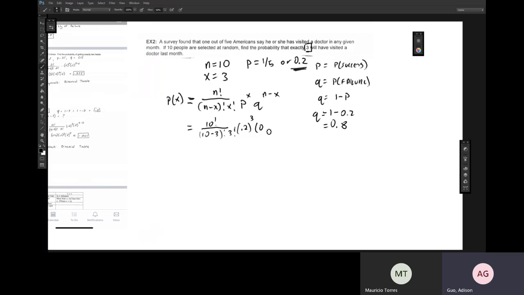So our Q is 0.8, to the power of n minus x, so that's 10 minus 3. Once you put this in the calculator, you should get your answer.